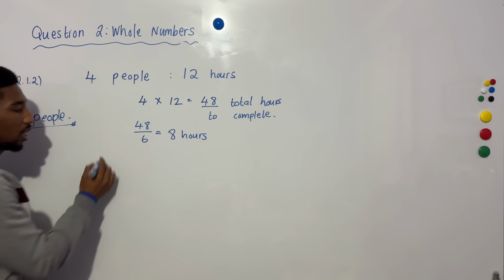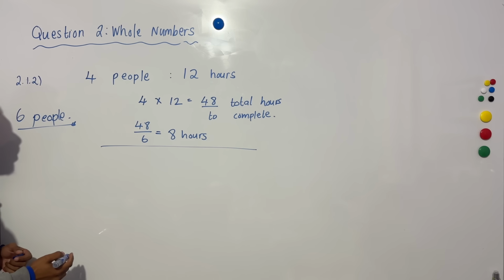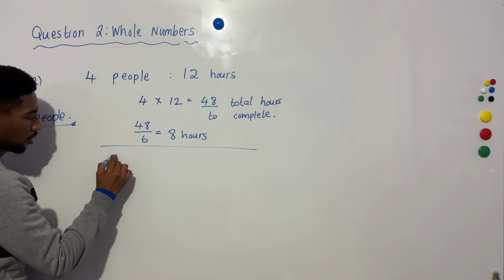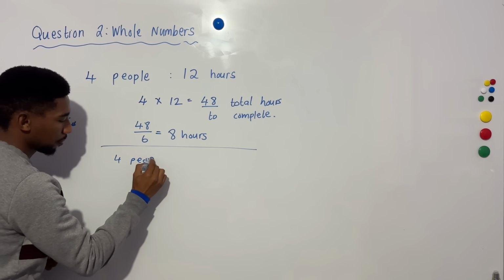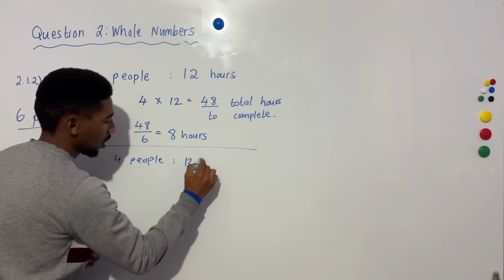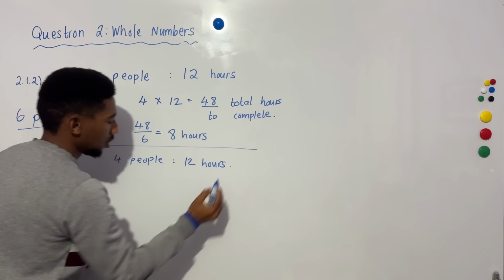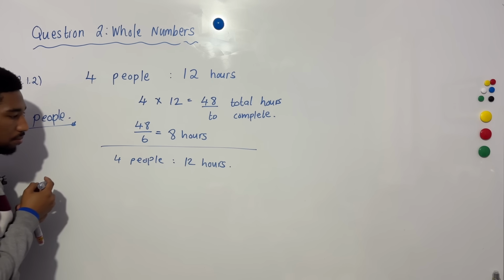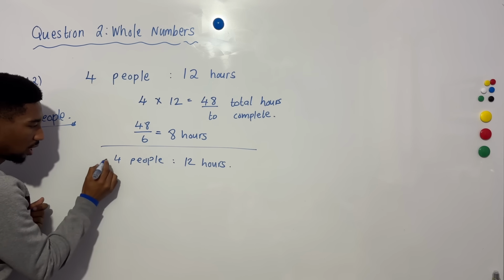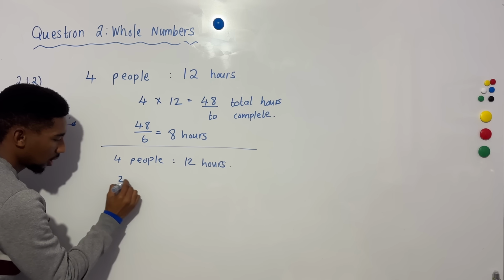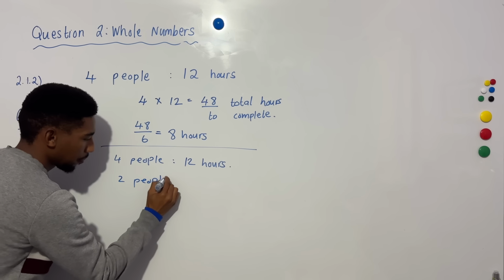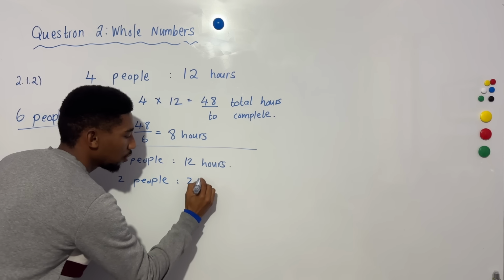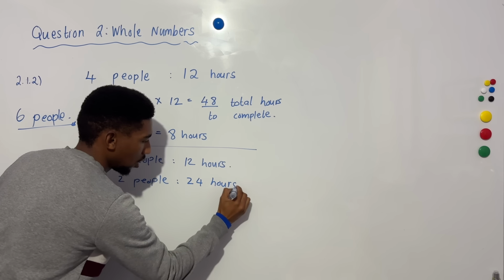Okay, alternatively, you could have also had 4 people like this and 12 hours. You could have seen that it's also even numbers. So you could have also said, okay, if 4 people take 12 hours, I can say 2 people will take 24 hours.